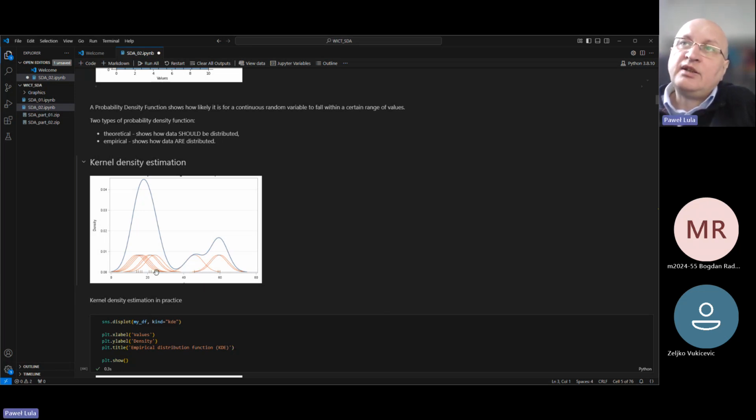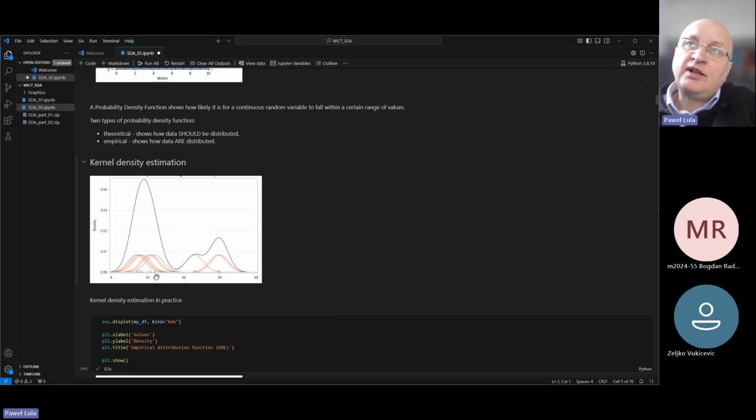Because when we draw a rectangle and the length of this horizontal line is 0, then the area of the whole rectangle is always 0.